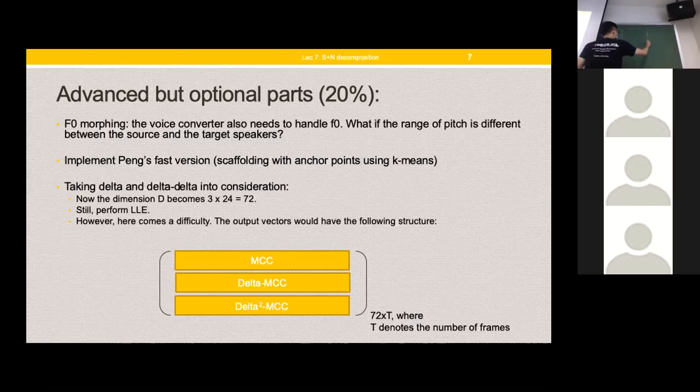Let's say our source dictionary is now 24, 24, 24 for static, delta and double delta, right? And we do the same for the target dictionary. 24, 24, 24.